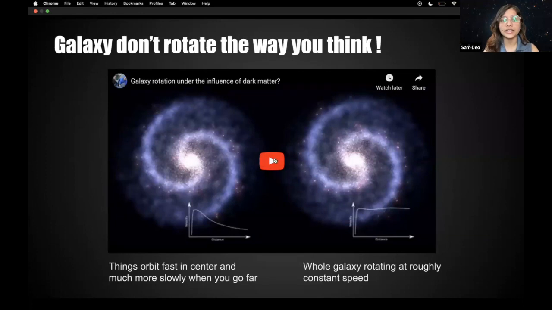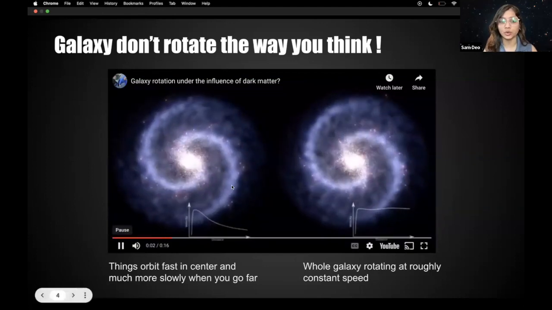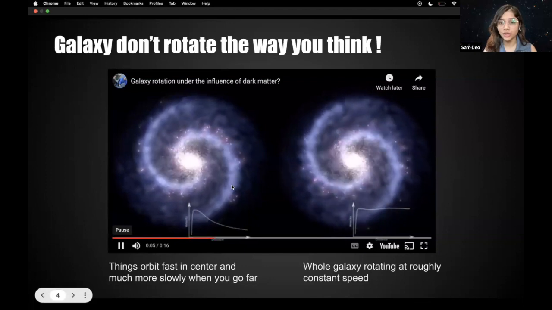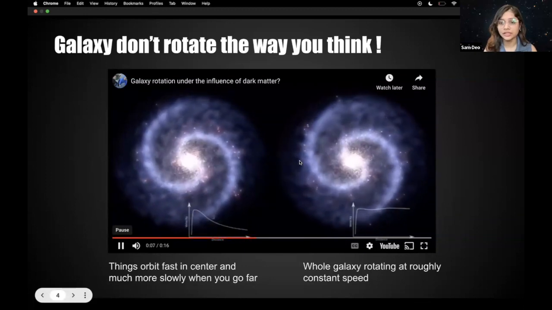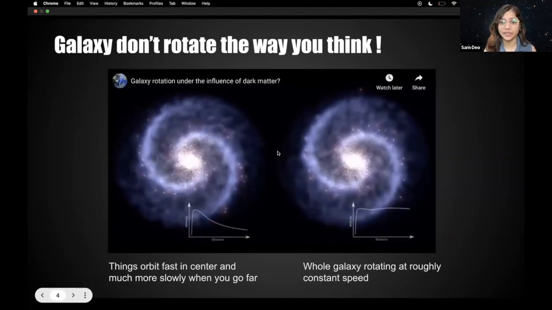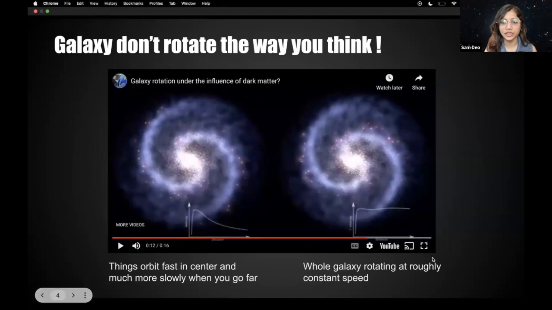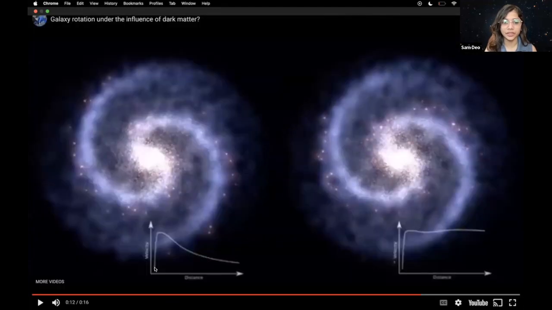That's the idea we will be applying in learning about galaxy rotation, because galaxies do not rotate the way we think. What we expect is that things orbit fast in the center and much more slowly far out.